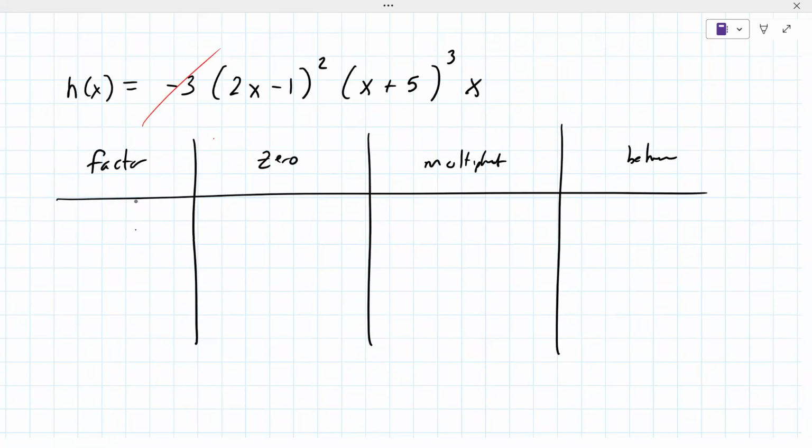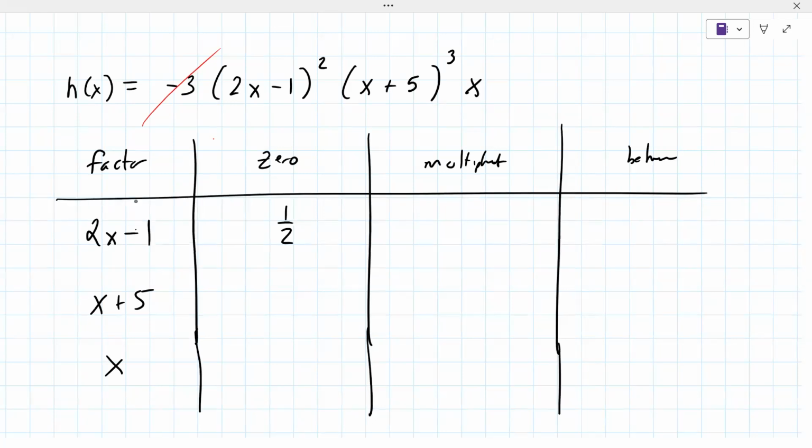Okay. So 2x minus 1, x plus 5 and x. Good. So let's see. Minus 1, so 1/2 and -5 and 0.